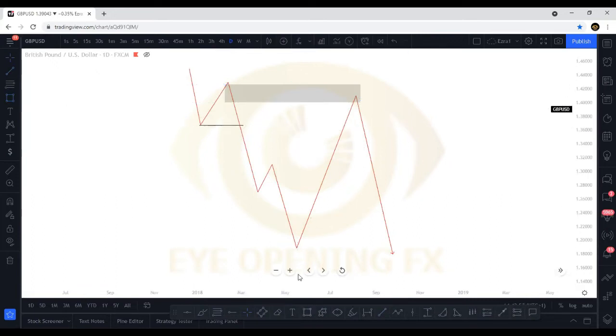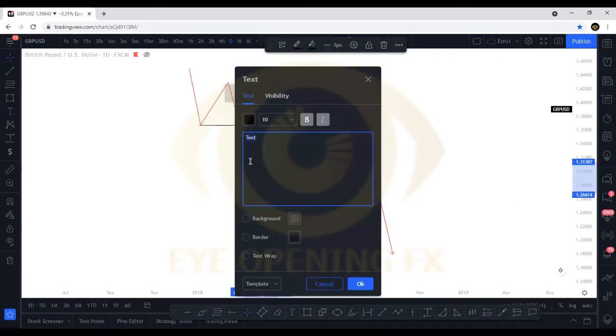So why is this area the unsupported high? This very high here is an unsupported high, because there's no special high or special area that had this very level. So it stands on its own. So this is considered as an unsupported high.